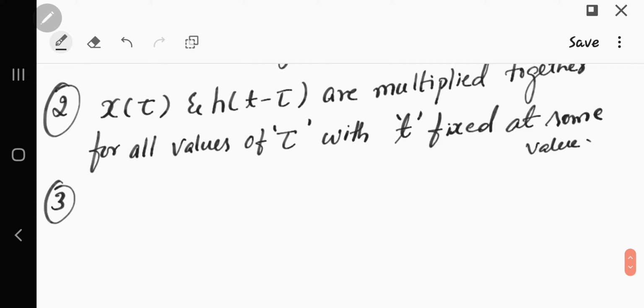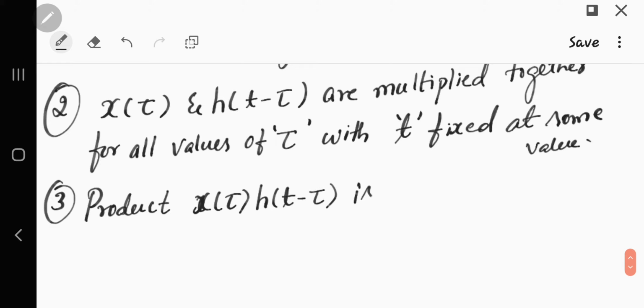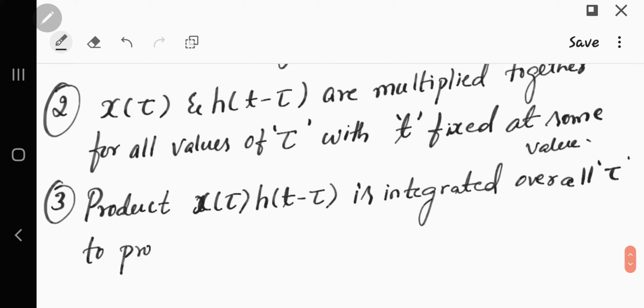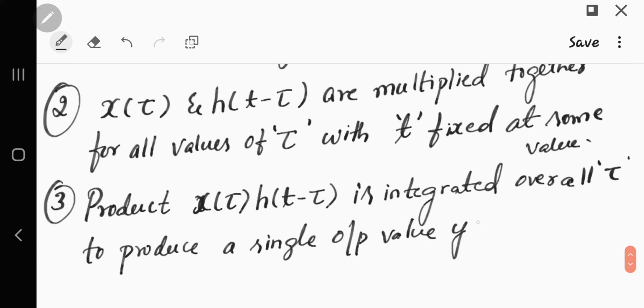Let's remember these steps. Next, the product of x of tau and h of t minus tau is integrated over all the values of tau to produce a single output value y of t.